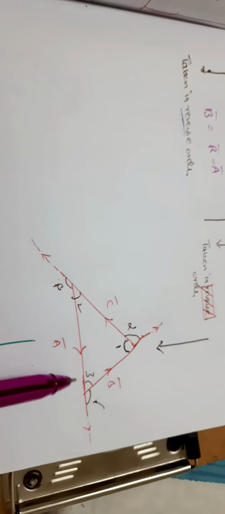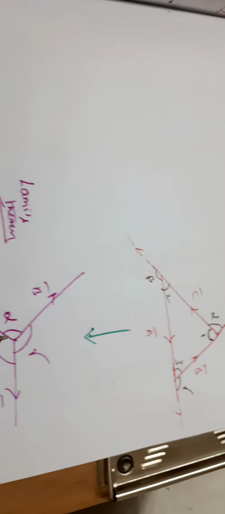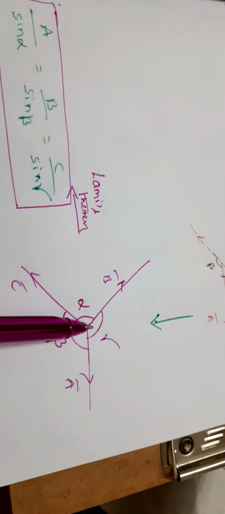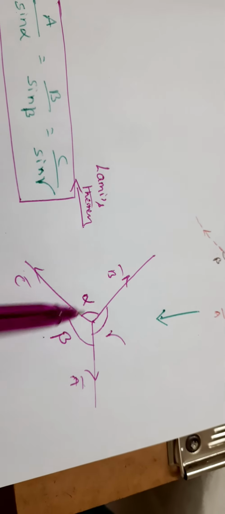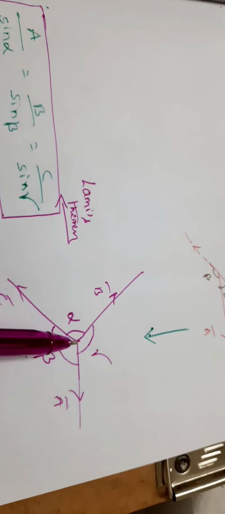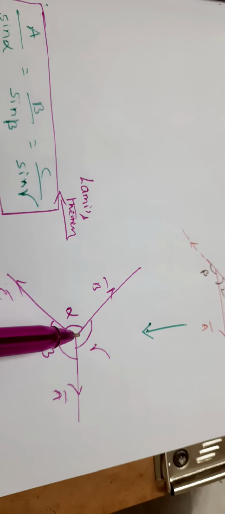Right? This can be represented like this. Three vectors A bar, B bar and C bar are acting on a body and the body is at equilibrium.